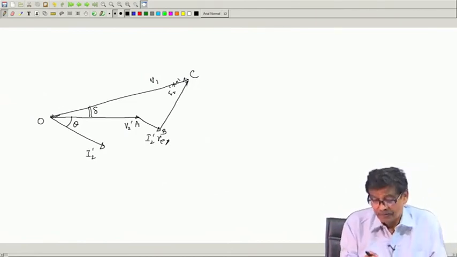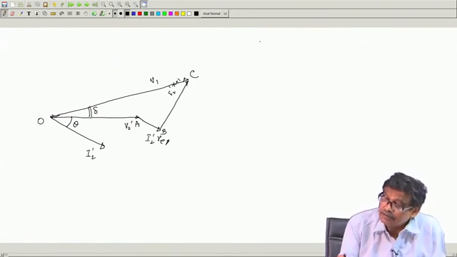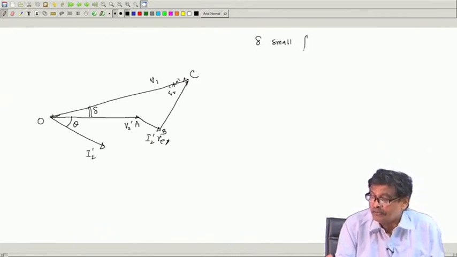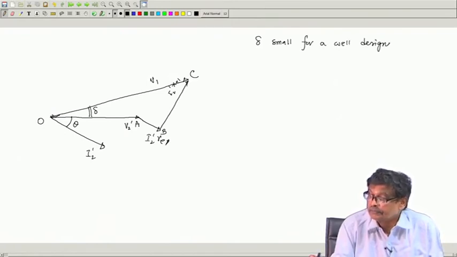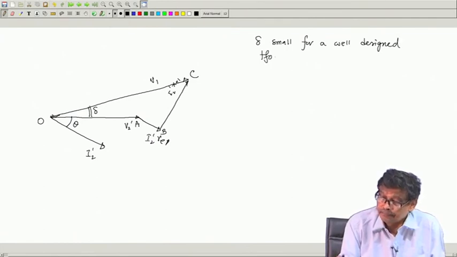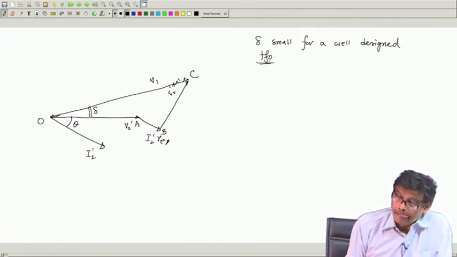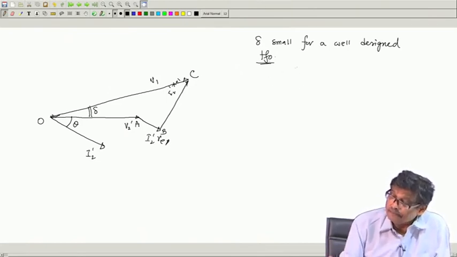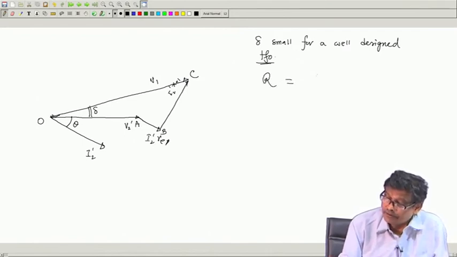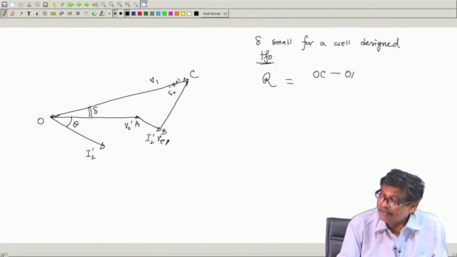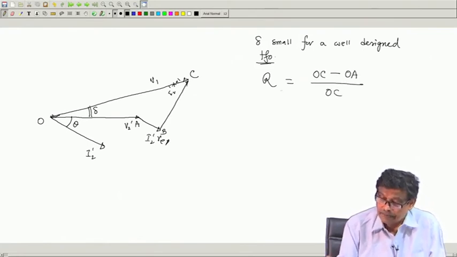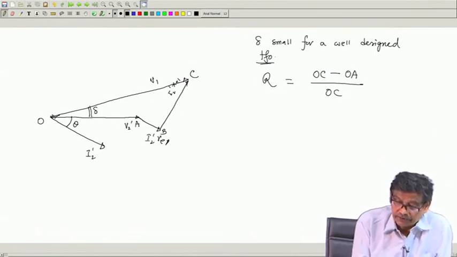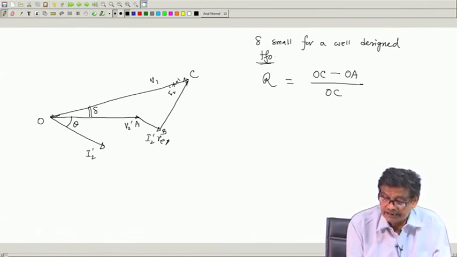Achha, now, knowing fully well that delta will be small, delta small for a well designed transformer, then, and this one I have got OC minus OA by OC. Now, by using geometry, I will try to find out this length minus this length.